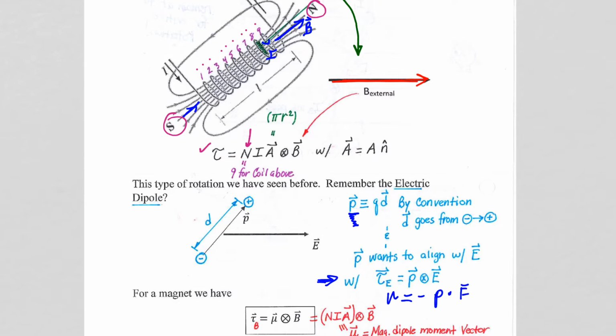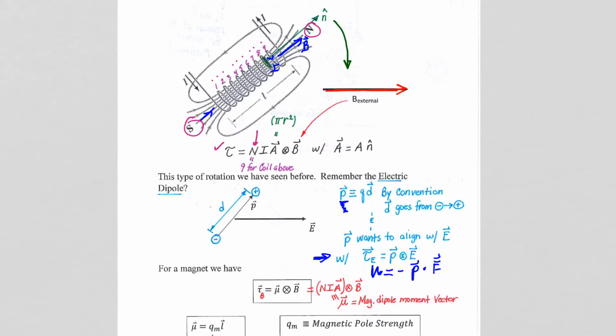So if you go back and look at our electric field notes, our potential energy was negative P dot E. The structure that we used was a dipole, defined a dipole moment, created it as its own entity, and reformulated the torque equation. Well, we're going to do the same thing.